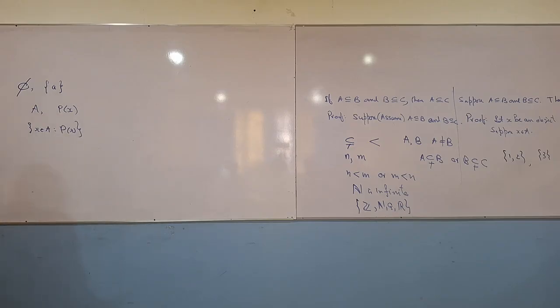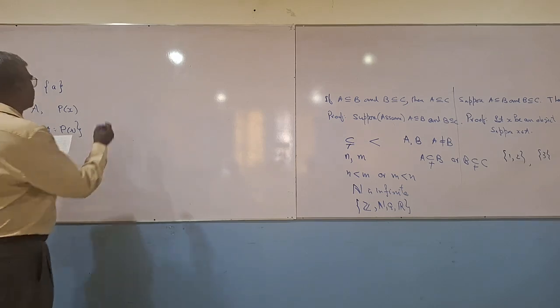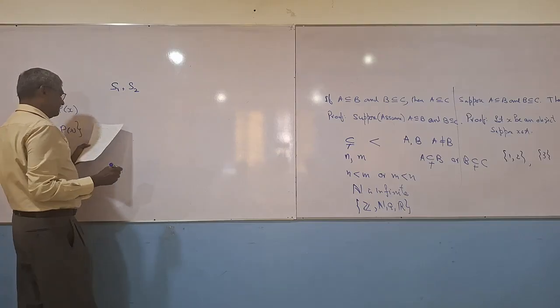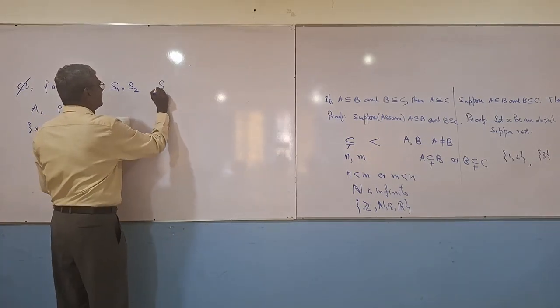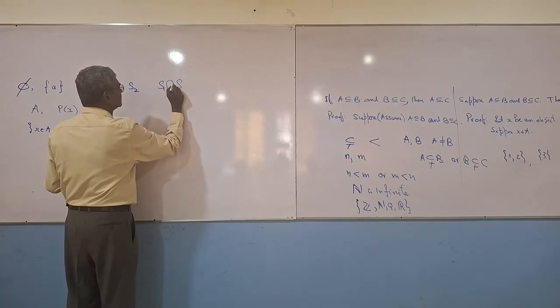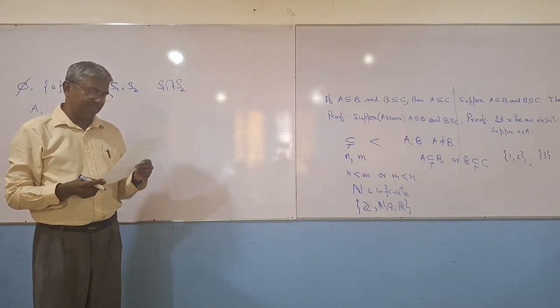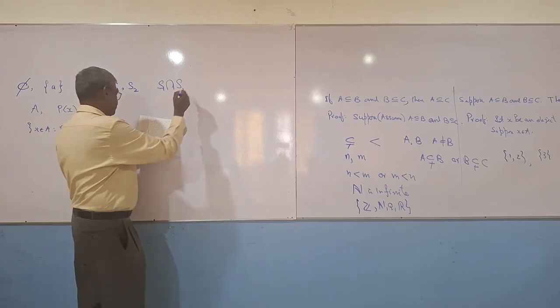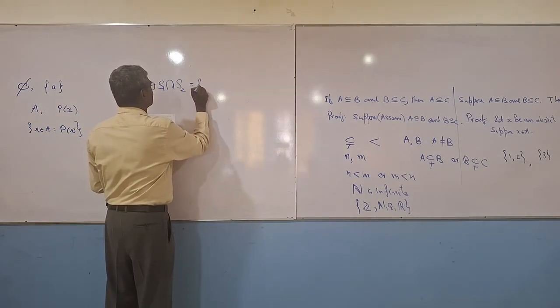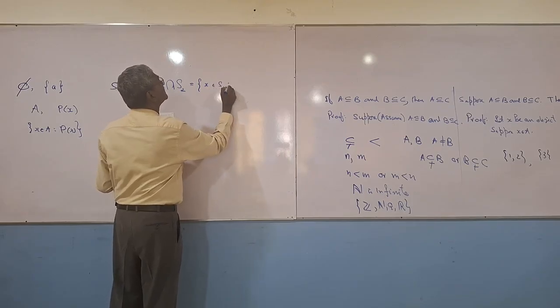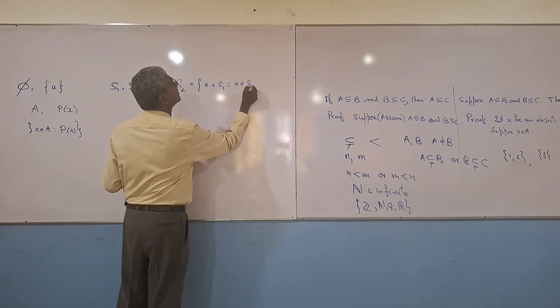Definition, intersections. Now we are getting to a little bit of maths. You have two sets, S1 and S2. The intersection S1 ∩ S2 of two sets is defined to be the set of all x belonging to S1 such that x belongs to S2.